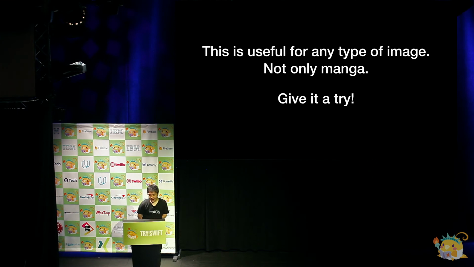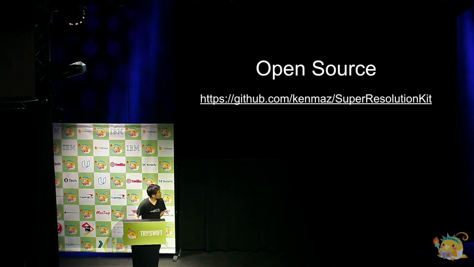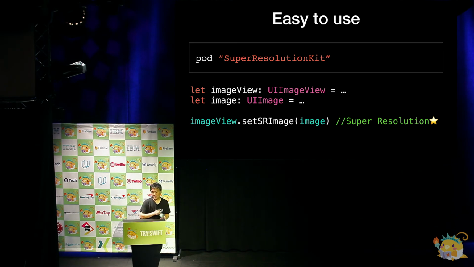The name of the repository is Super Resolution Kit. It supports CocoaPods, so all you need to do is use pod install to set it up. By simply calling a setSRImage method on your image view, you can display the super resolution version of the image. It's very easy to do. My Super Resolution Kit is made up of the following code.